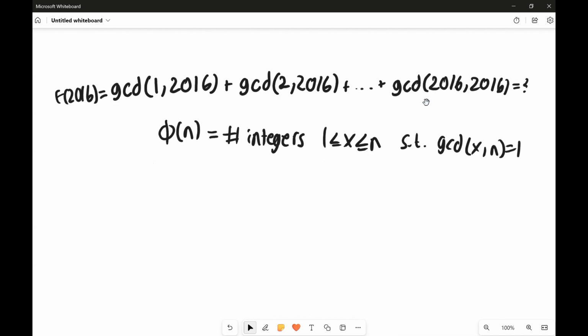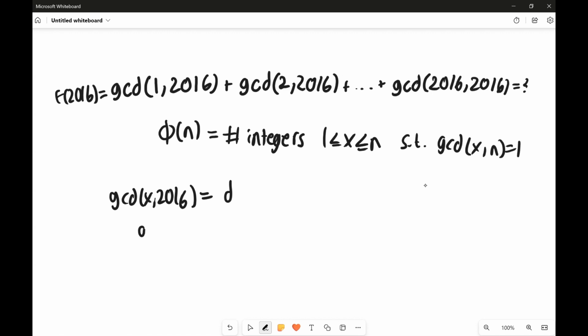So for each GCD, we know that each GCD is a divisor of 2016. So let d be a divisor of 2016. We want to find out how many of these GCDs are equal to d. So GCD of x and 2016 is equal to d.